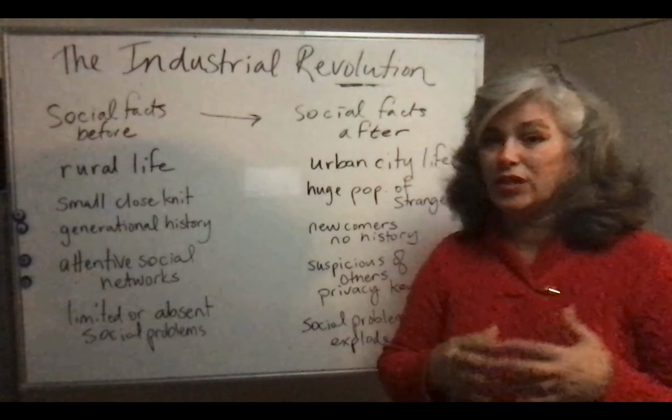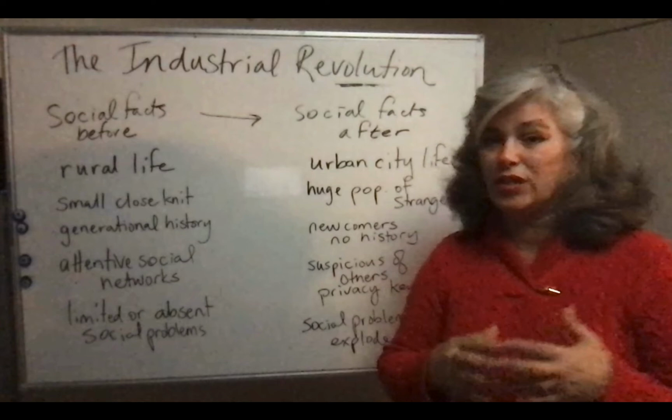Everybody's a newcomer to these urban places, and so there's no generational history to fall back on. I don't know you, I don't know your people, and vice versa. So privacy becomes something that we really value because we're guarding ourselves. That suspiciousness of the other means that we need to guard ourselves.